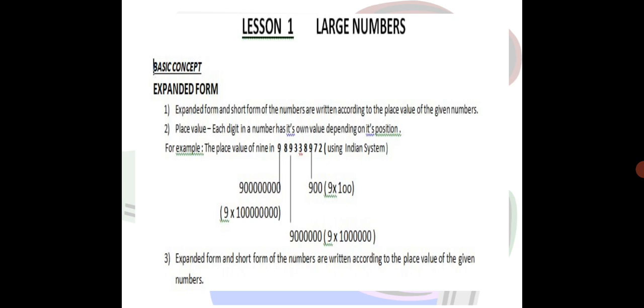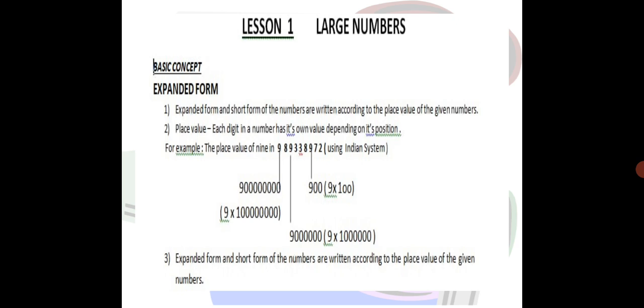Our next point of discussion today is the expanded form of the place value chart. What is expanded form? The expanded form and short form of numbers are written according to the place value of the given numbers. So, what to remember?